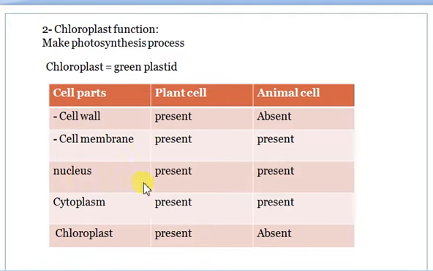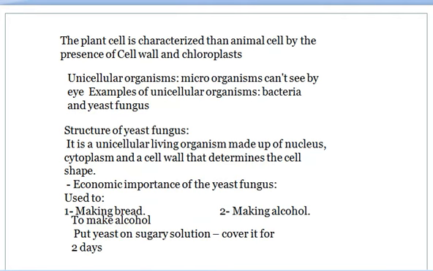Nucleus present in both. Cytoplasm present. Chloroplast present in plant, absent in animal. Note: the plant cell is characterized from animal cell by the presence of cell wall and chloroplasts.